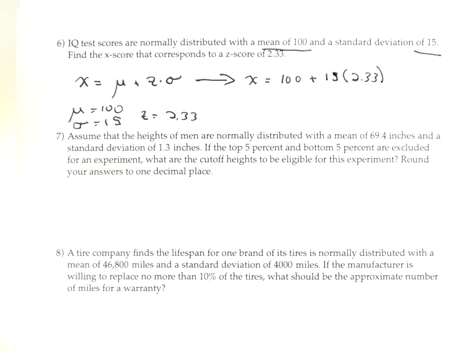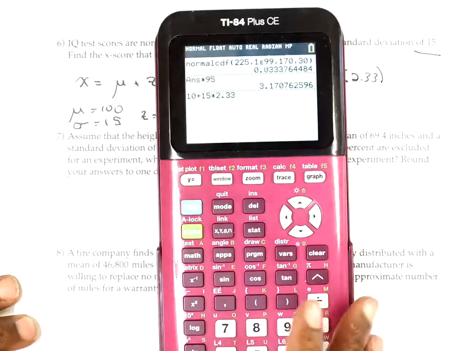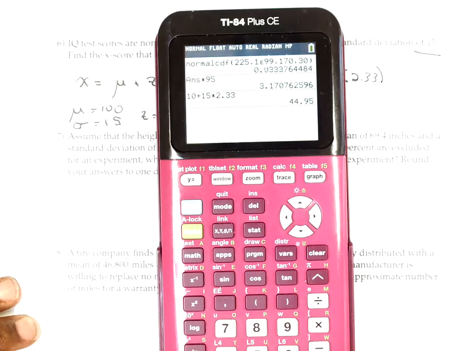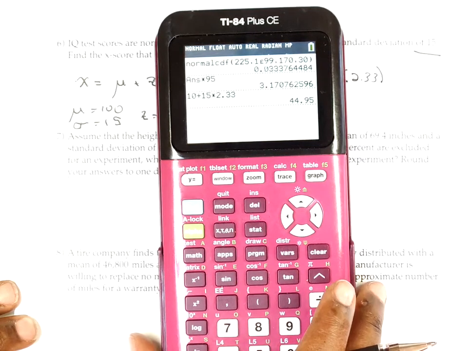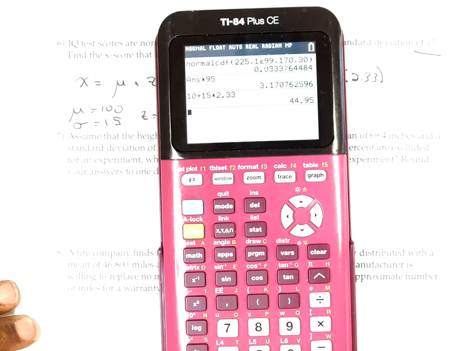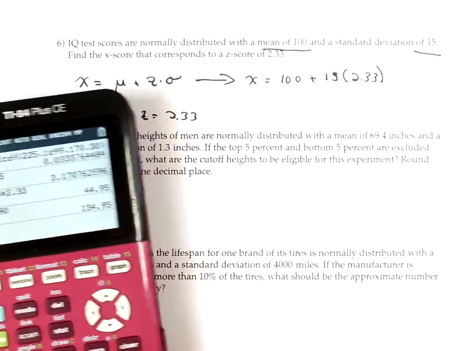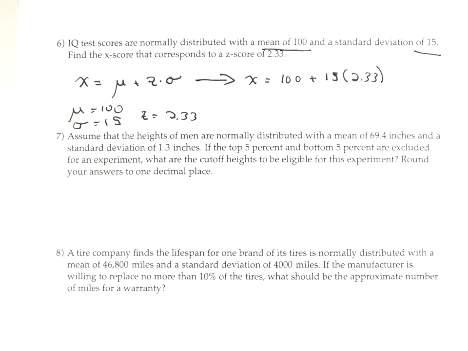And I'm just plugging it in my calculator. So I have 15 times 2.33. Oh, I have 100. I have to add 90 to that. And I get 134.95.